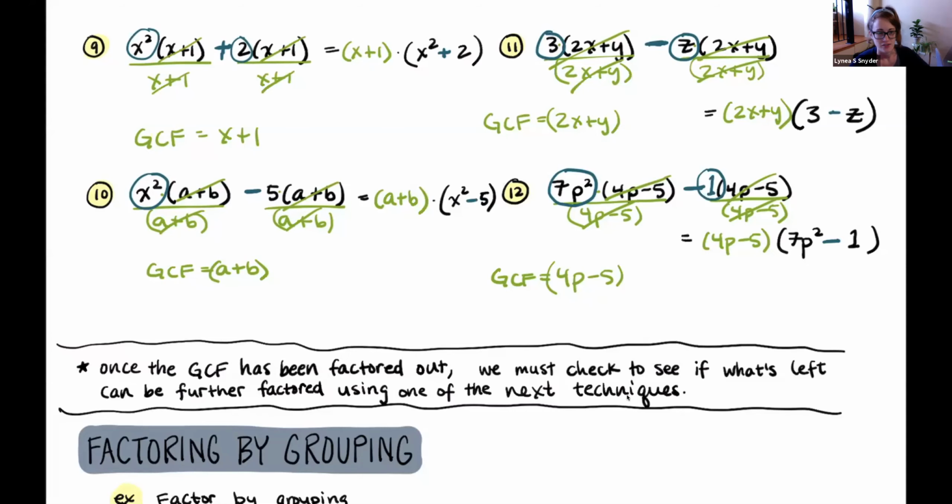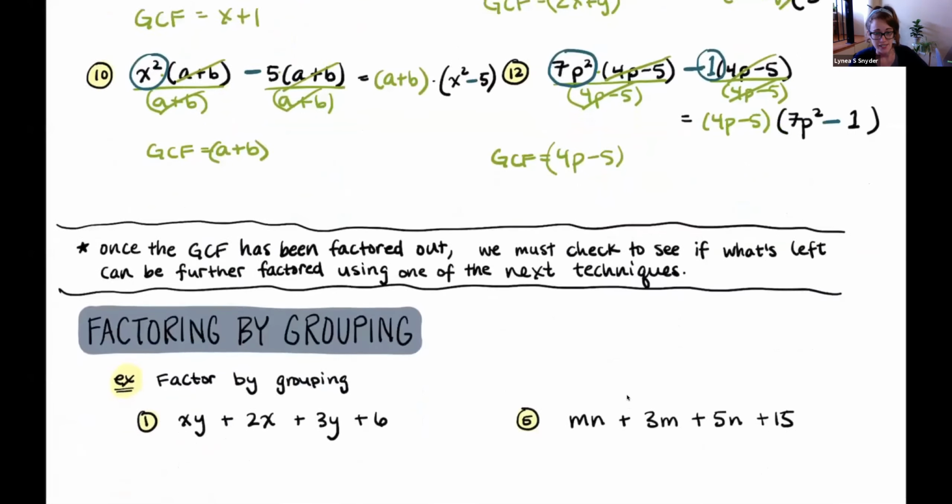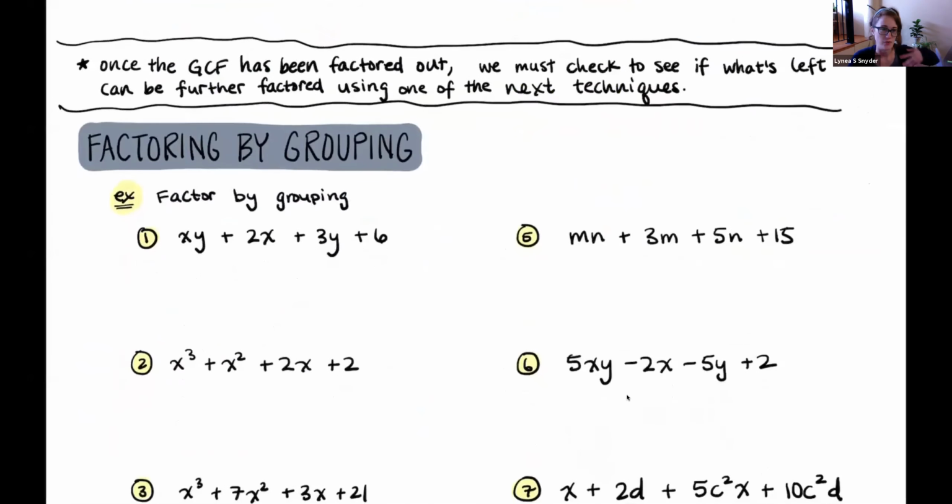All right, so like I said before, once the greatest common factor has been taken out, we're going to want to check to see if what's left can be factored further. And so the GCF will be our first thing to look for, but what's left over could need a number of techniques. So we've got, I think, 1, 2, 3, maybe 4 categories to look at after that.